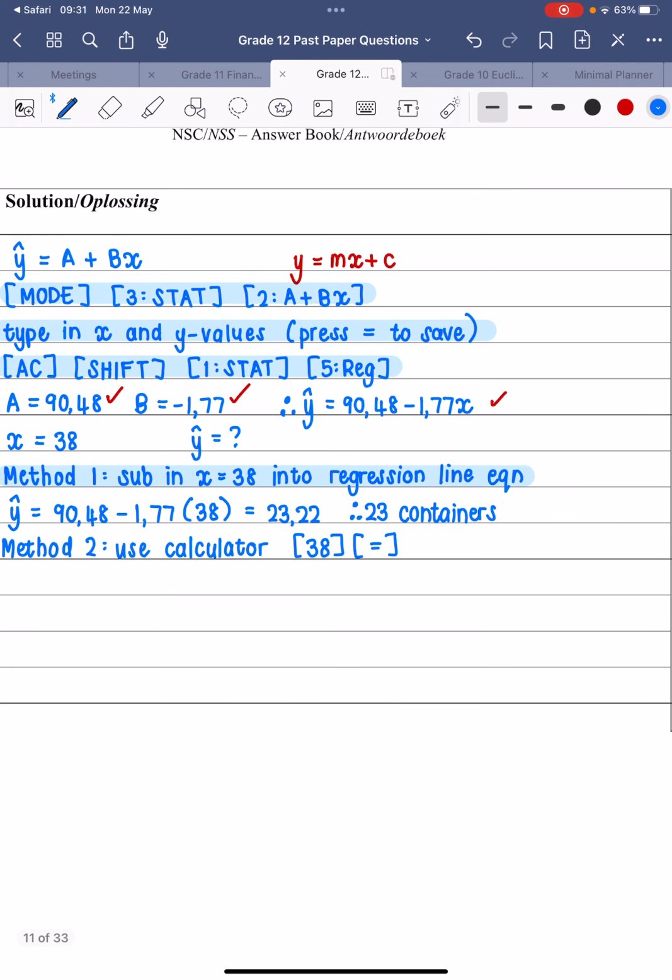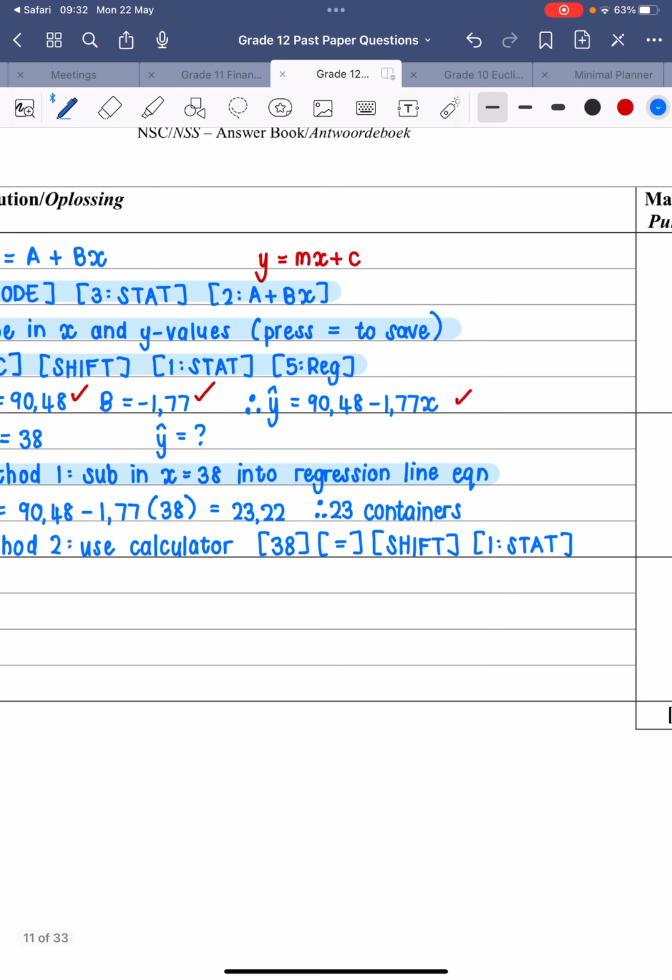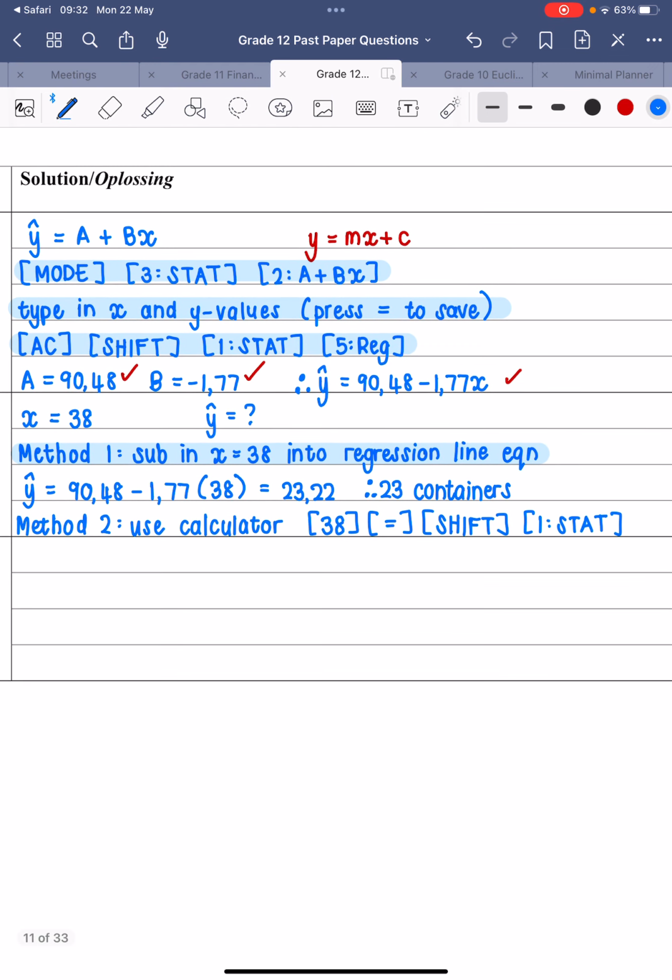Then you're going to press shift and 1 for stat again. Guys, every time after we've put our values in when we want to do a calculation, it's always shift 1. Okay, in order to get to the calculations. I'm going to have to go on underneath here. Alright, so 38 equals, you press shift, stat. Again, you're going to use 5 for regression.